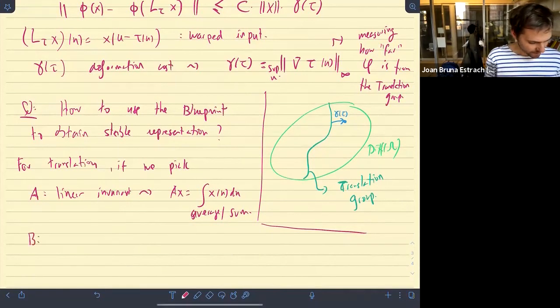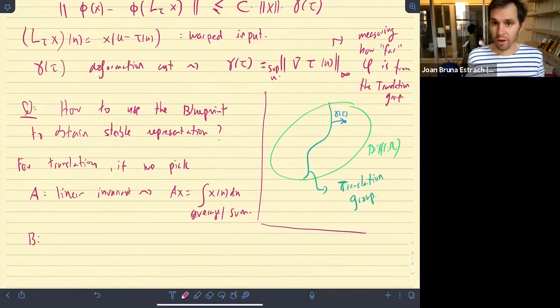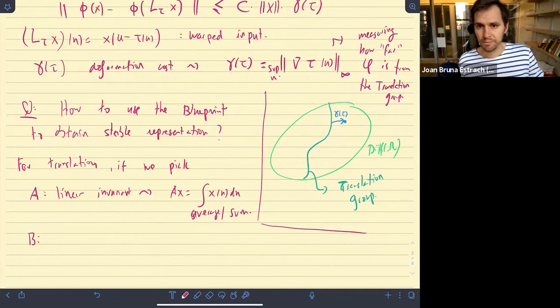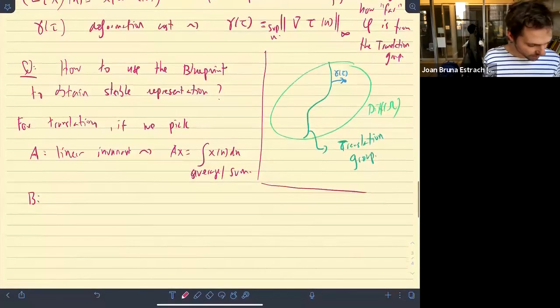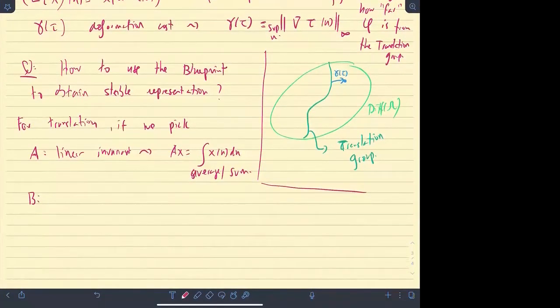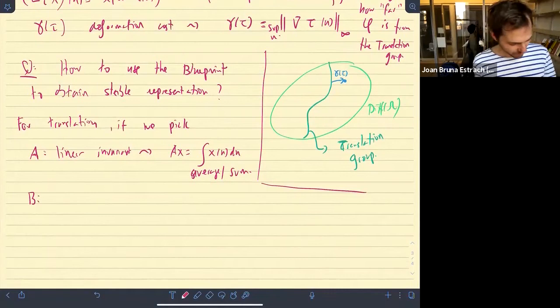So now for B, I ask the question: what are the linear operators that commute with translation? Anyone have some guesses? Let me just state it, and hopefully it will become clear.